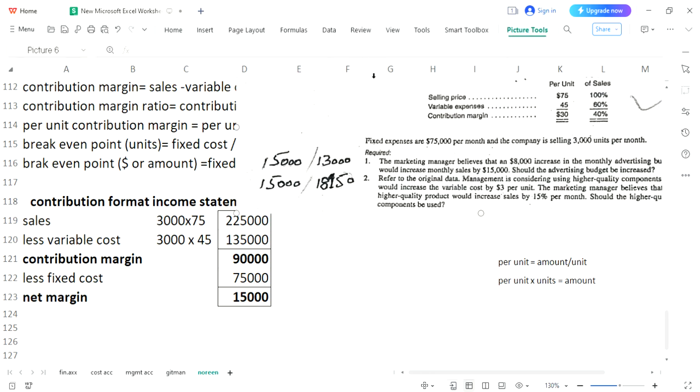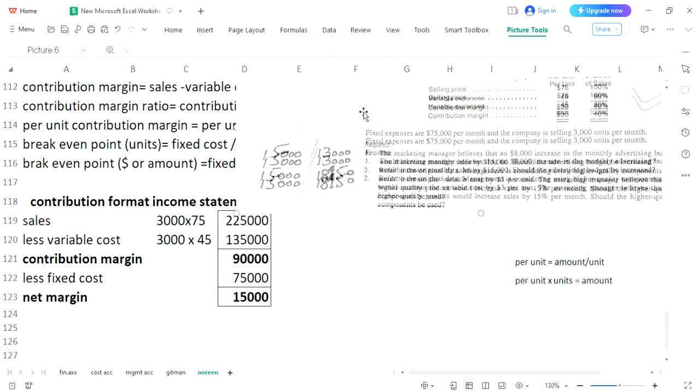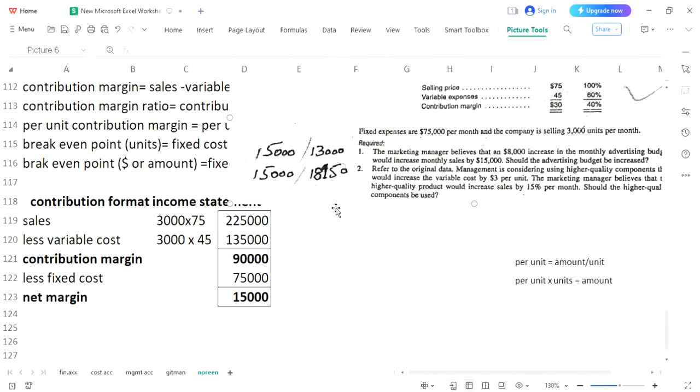Alright, and for this, you will do the same thing again. The very first thing you noticed is that the marketing manager believes in an 8,000 increase in monthly advertising. It means continuously after every month 8,000 would be increased. This is your fixed expense. The initial fixed expense was 75,000. Please focus.